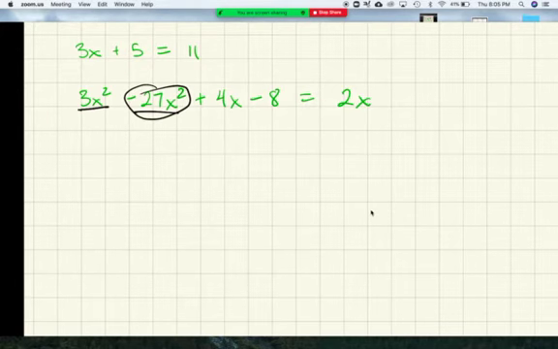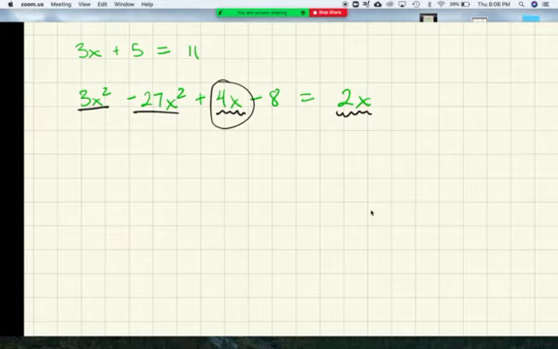So negative 27x squared, that's a like term. 3x squared is a like term. The 4x is not like terms with this, but I do a little squiggly, a different way of underlining. Those are like terms because they both have an x. And then this one doesn't have any like terms with it.